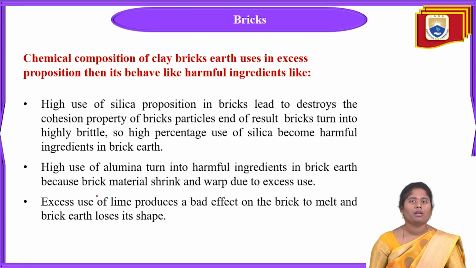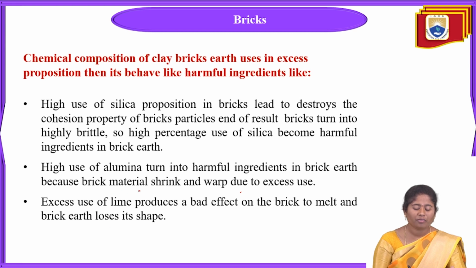And the next is alumina. If we add an excess amount of alumina in the manufacture of bricks, it will directly affect shrinkage and warping. Due to the excess use of this ingredient, it will turn into a harmful ingredient in good brick kilns, because the brick material will shrink or warp.